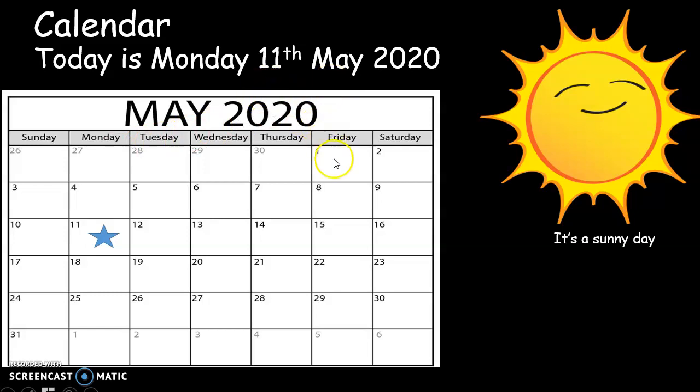Can we have a little count? 1, 2, 3, 4, 5, 6, 7, 8, 9, 10, 11. Can you tell Miss Cassie, what day is it going to be tomorrow? That's right, good job. It's going to be Tuesday, the 12th of May.